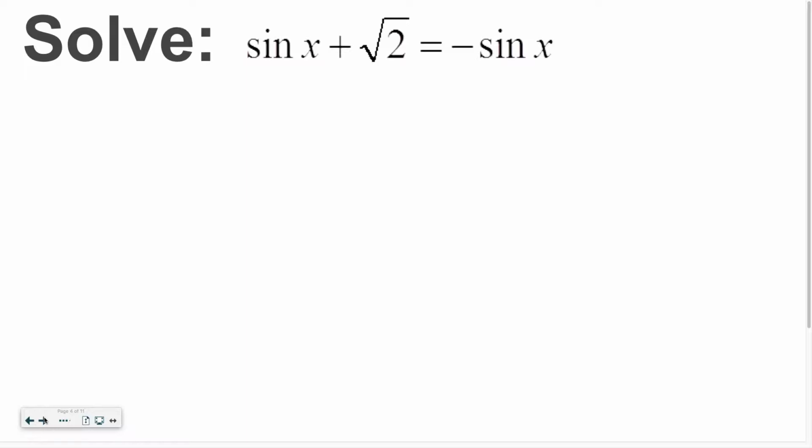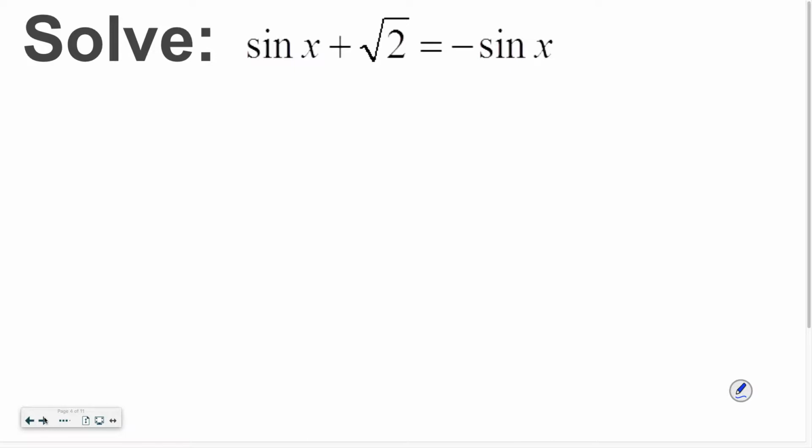Okay. Thoughts on what we should do? We need to get sine of x equals something, right? So what should we do with this guy right here? Add it over here.